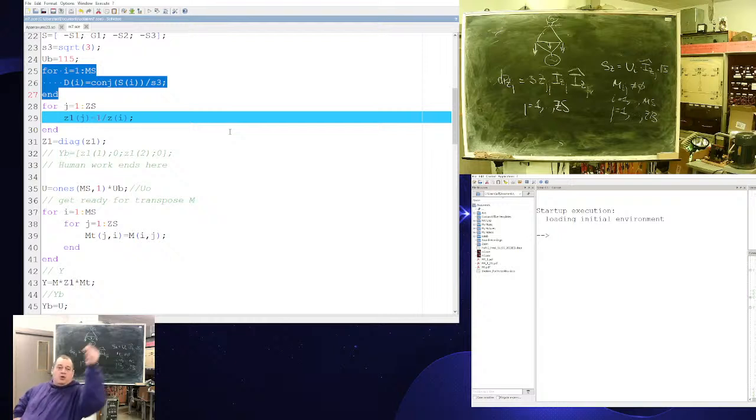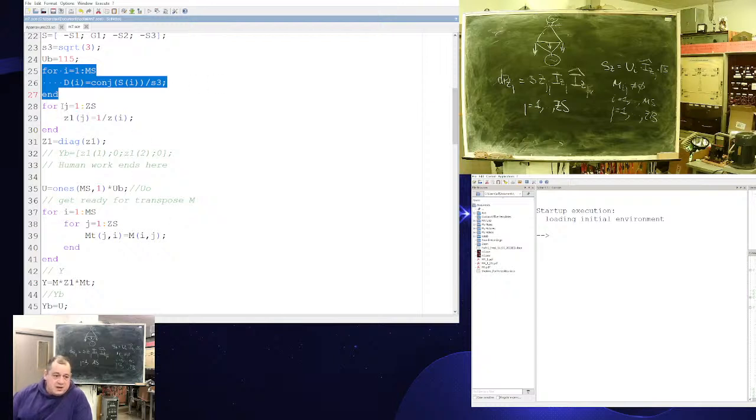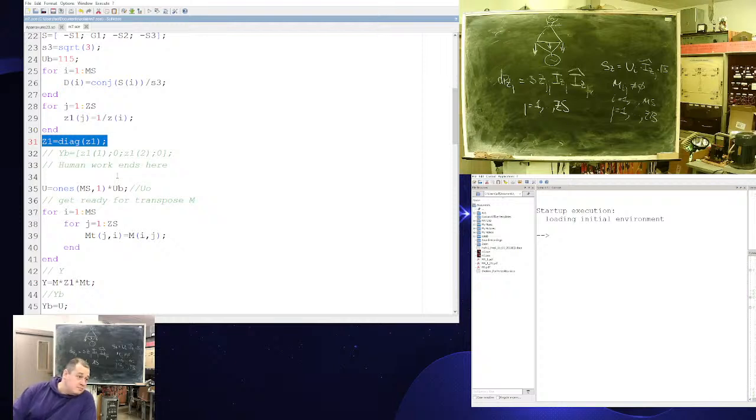I keep only the main diagonal as one vector. Very simple inversion of the resistance matrix, and I will need a diagonal conductivity matrix. This is the Seidel method.